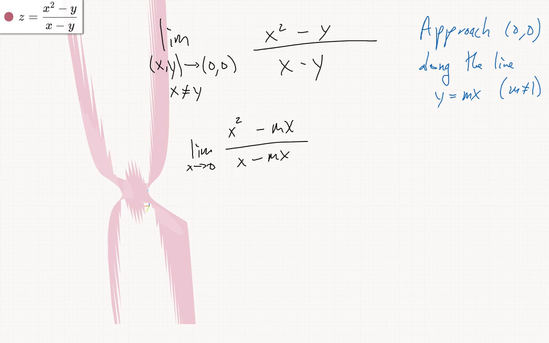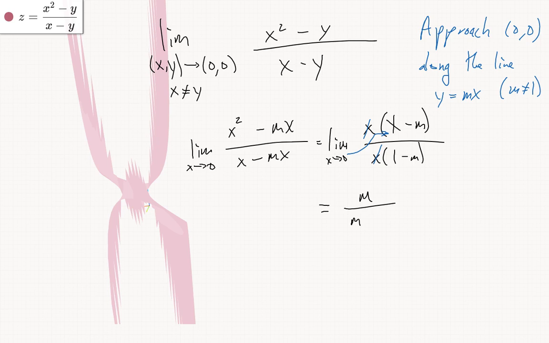So this is x times (x minus m) over x times (1 minus m). And then we can cancel the x. And now we can just put in 0 for x, now that we've canceled that. And so this limit will be, let's swap the negatives, m over (m minus 1).